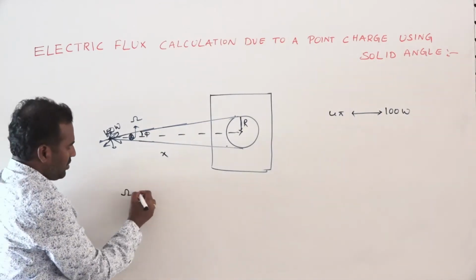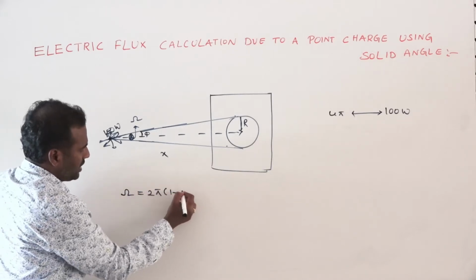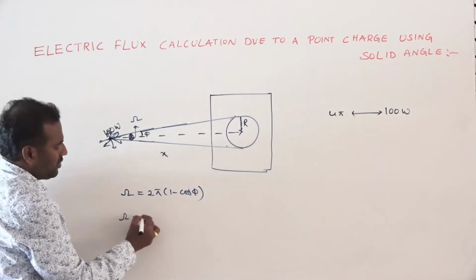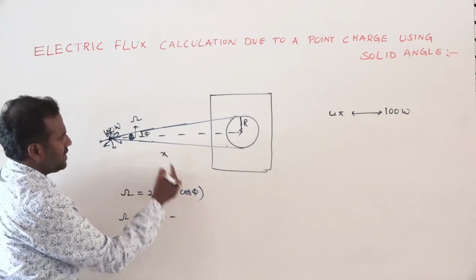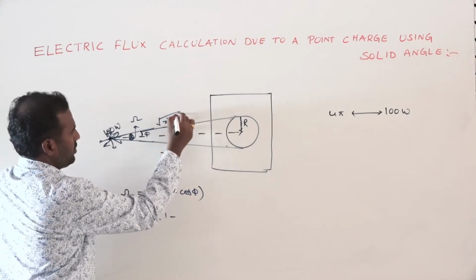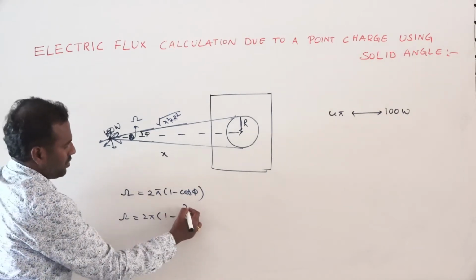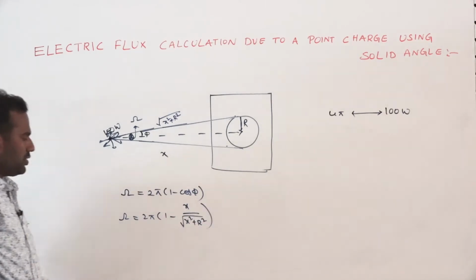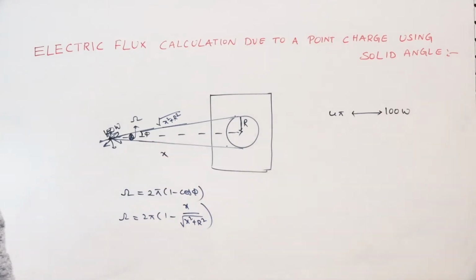Then omega is equal to 2 pi into 1 minus cos phi, and in place of cos phi, adjacent side upon hypotenuse, omega is 2 pi into 1 minus x by root of x square plus r square. So this will be the solid angle subtended over here.